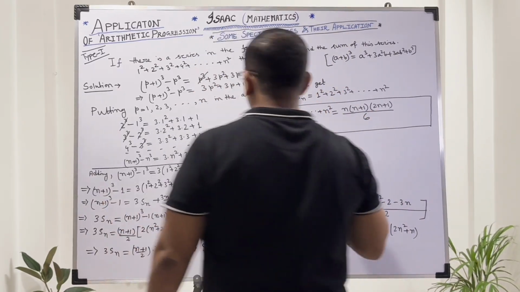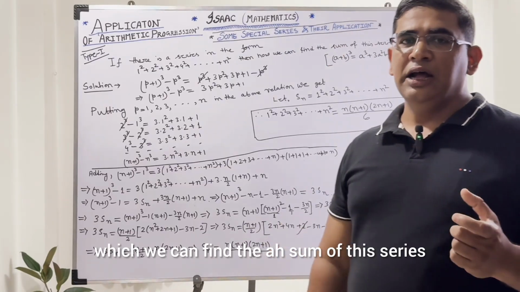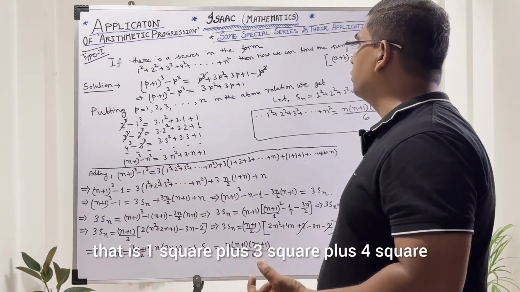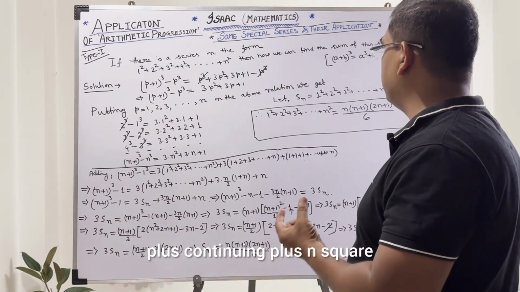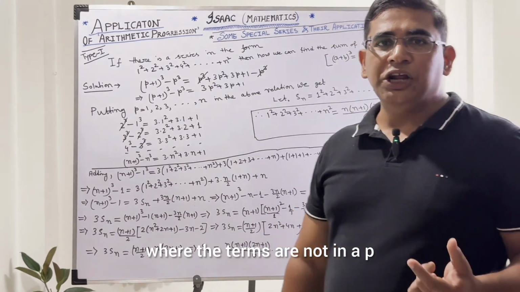Okay, so this is the way by which we can find the sum of this series, that is 1 square plus 2 square plus 3 square plus 4 square plus continuing plus n square, where the terms are not in AP.